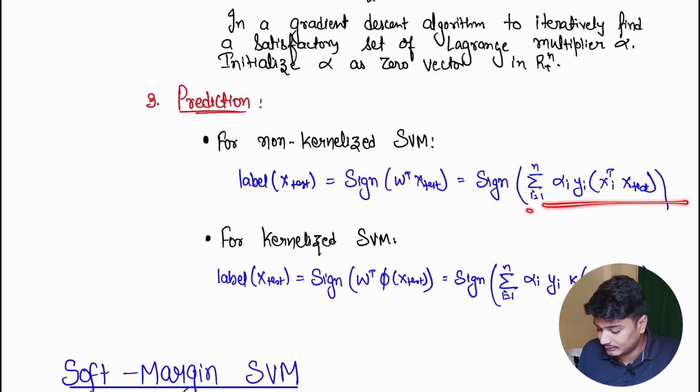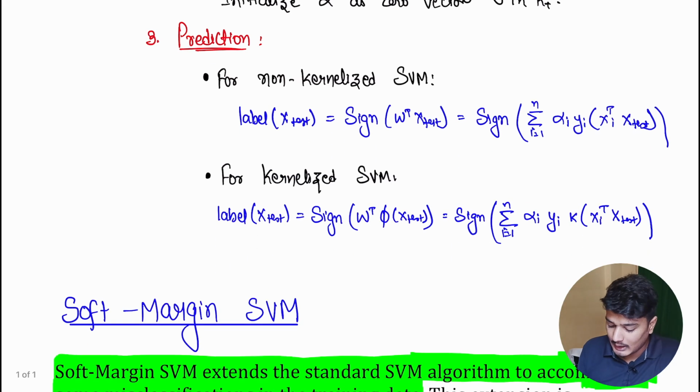For the kernelized SVM, this was for the non-kernelized SVM, we will take the label of X test equal to the sign of W transpose kernel function of X test. That is this. And this way we will predict the labels using the SVM algorithm.